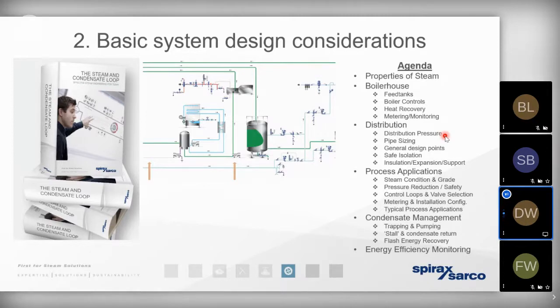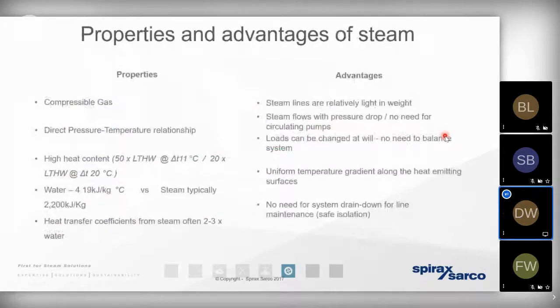So one of the first things I want to do is take a very quick recap of the presentation we went through 2 weeks ago. I'd like us to take a look at the properties of steam and the advantages that brings. So we know that steam's a gas, and that gas is compressible. That means if we generate and distribute the steam at a high pressure, we will have greatly reduced the volume.